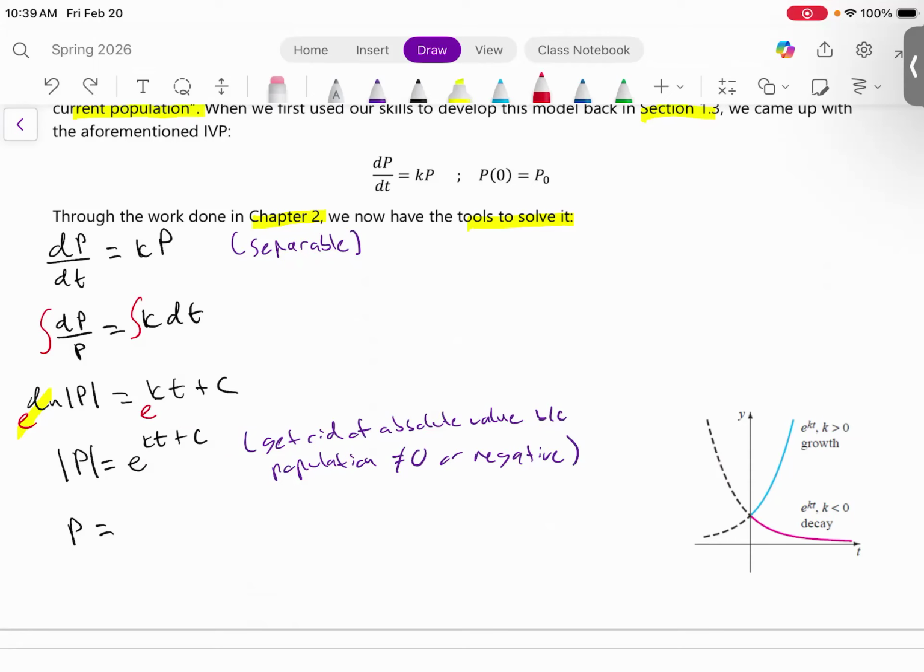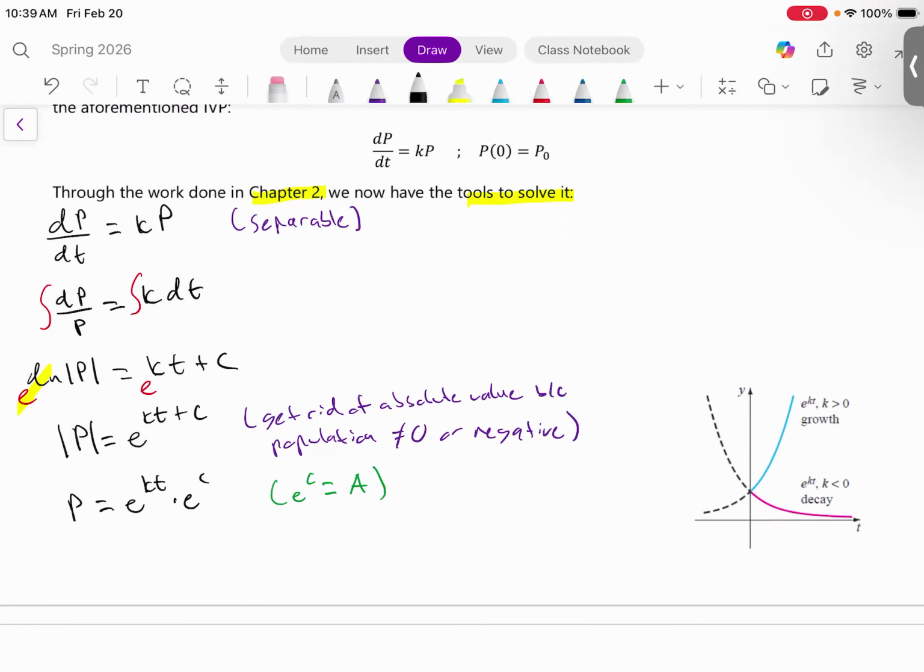We can separate those terms out to be e to the kt times e to the C. And then e to the C is just a constant, so we can write it as another constant. We'll call it A. That's what our textbook calls it. And we'll say P equals, bringing that up to the front, A e to the kt.